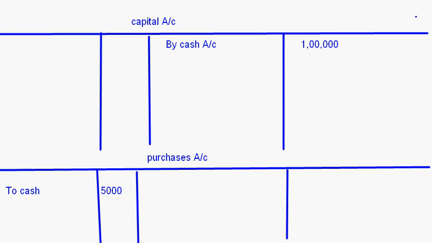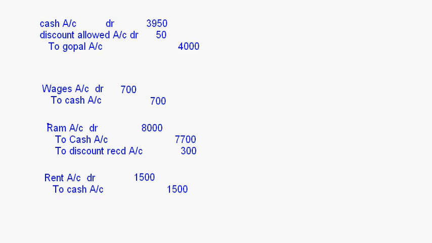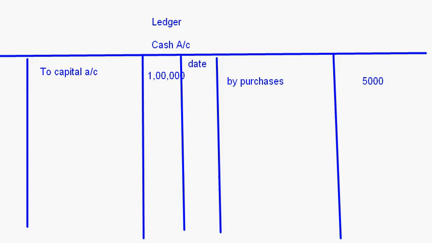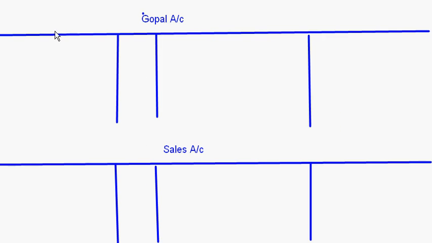Now the next entry is this one, Gopal account to sales, right? So Gopal account you will have to sales account 4,000, and in sales account you will have by Gopal account 4,000. Fine.